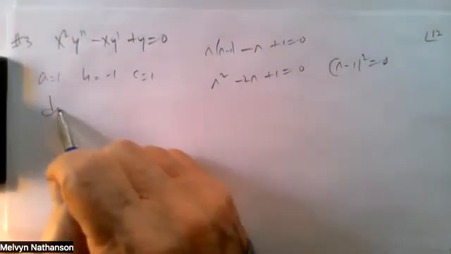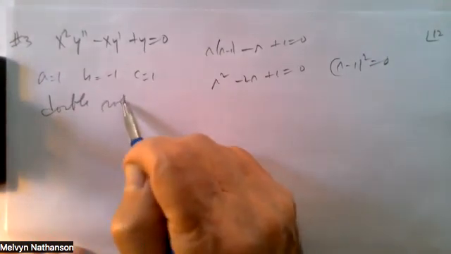What are the solutions of this quadratic equation? Well, this is (r minus 1) squared equals 0. So we have a double root, r equals 1.